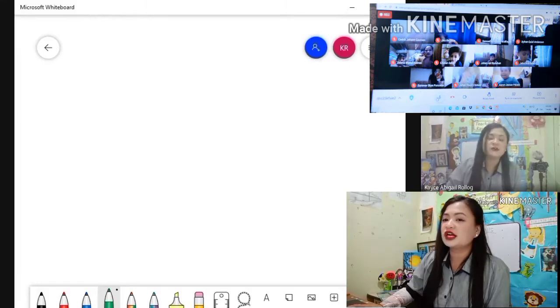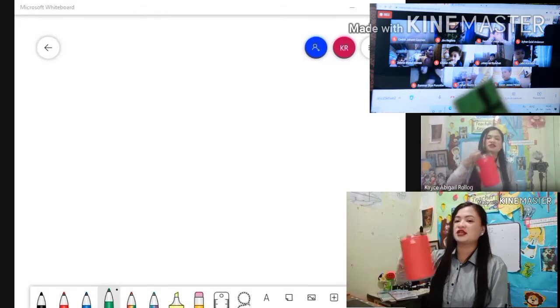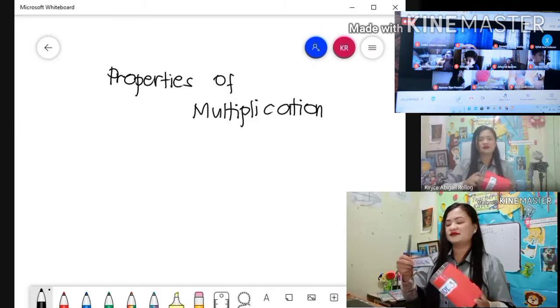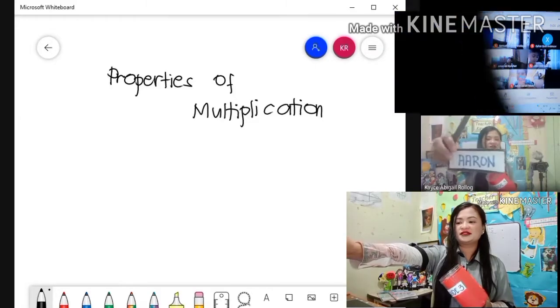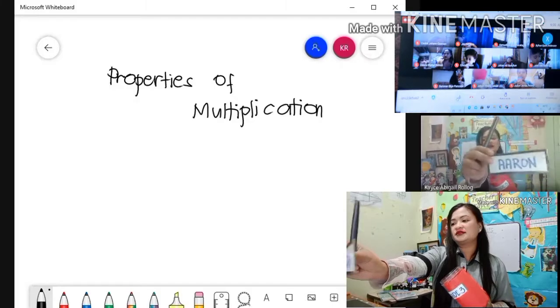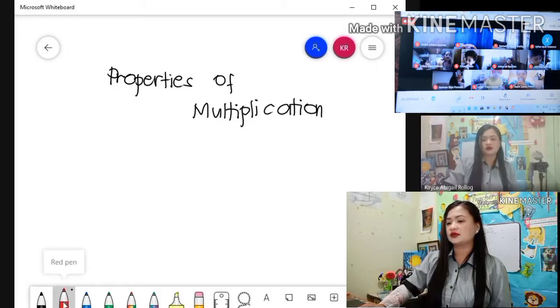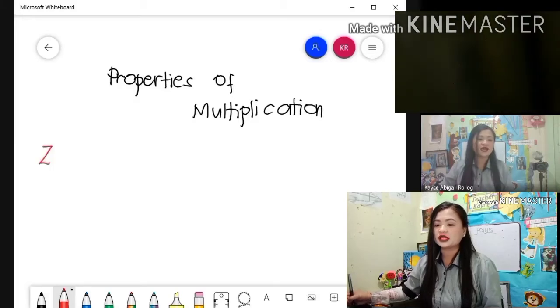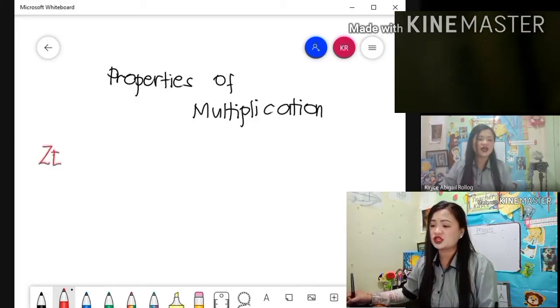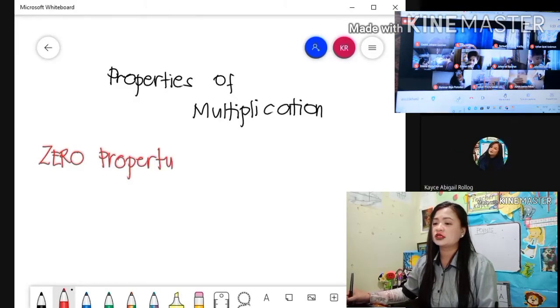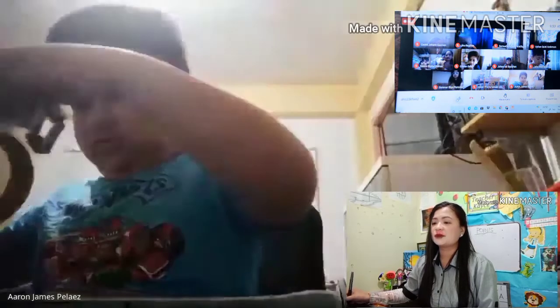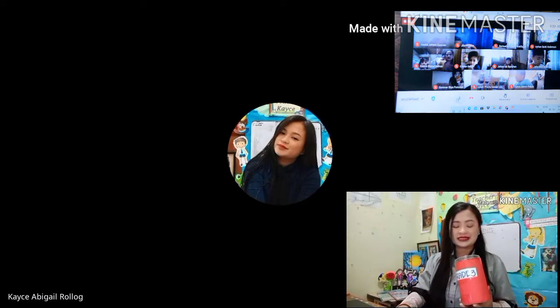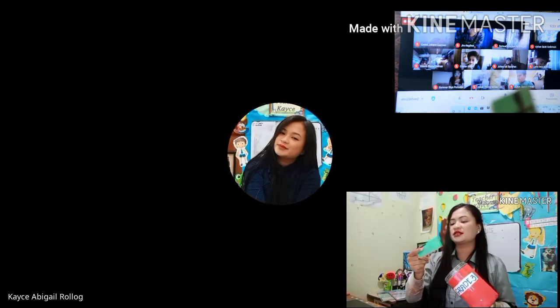Who can remember the properties of multiplication? Let's have Aaron. Okay, very good. We have the zero property. When we say zero property of multiplication, what is that?